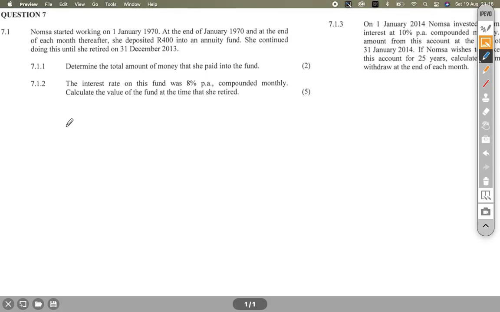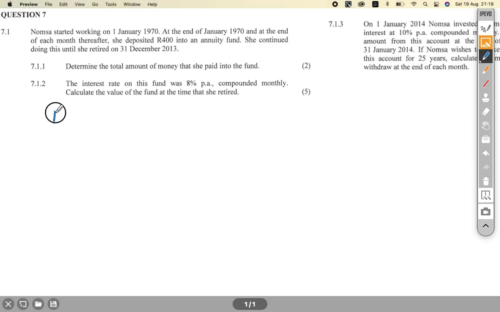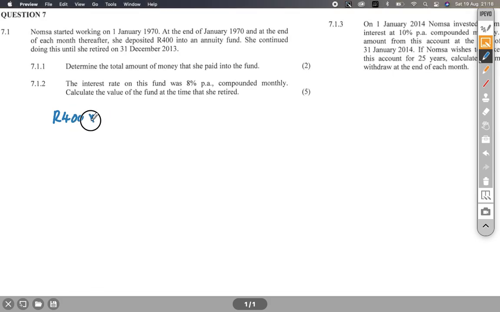So it's going to be 400 multiplied by the number of years that she paid, which is going to be 2013 minus 1970 plus 1, right? And then these are the number of years.